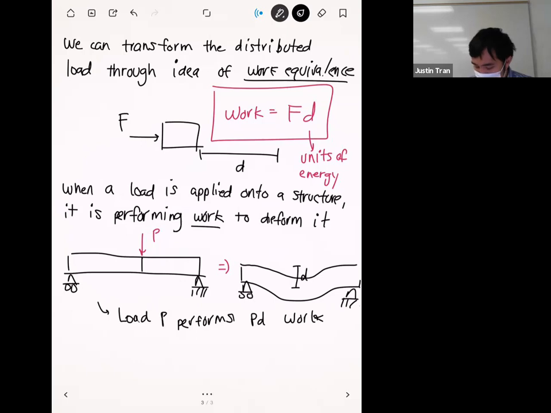And so why is this important? Why are we reviewing this concept of work? Ultimately, what we want to do is take a distributed load on the previous page and transform it into a set of nodal loads.